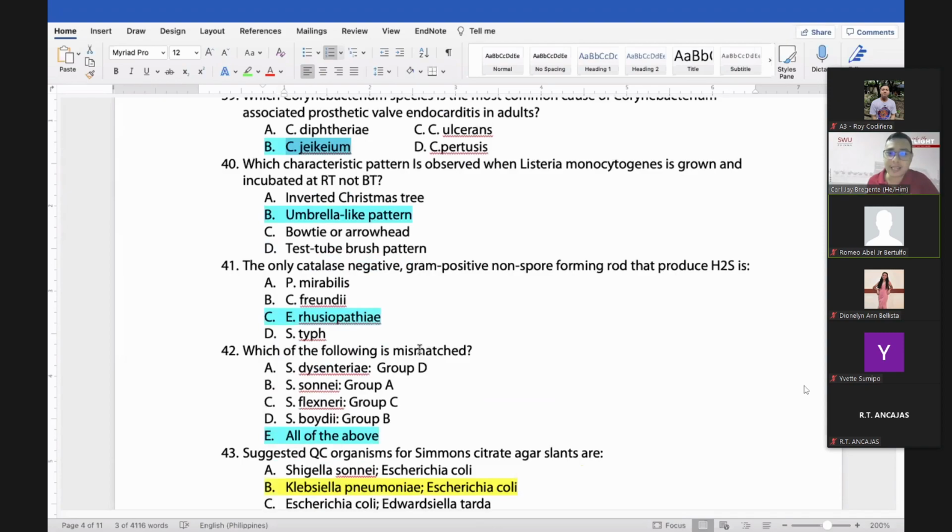They are catalase negative, gram-positive, non-spore forming that produce H2S. So alam niyo na to, pag H2S and it's gram-positive, that's Erysipelothrix rhusiopathiae.